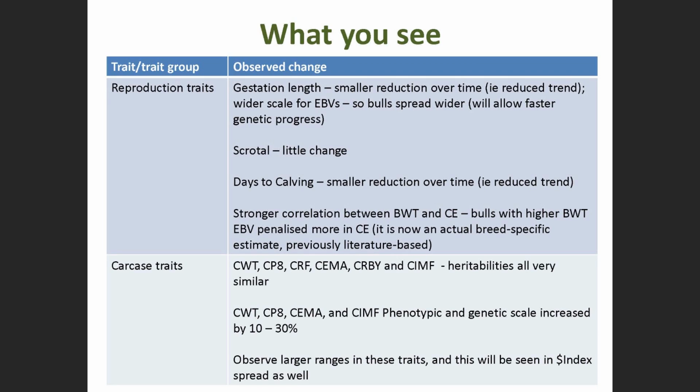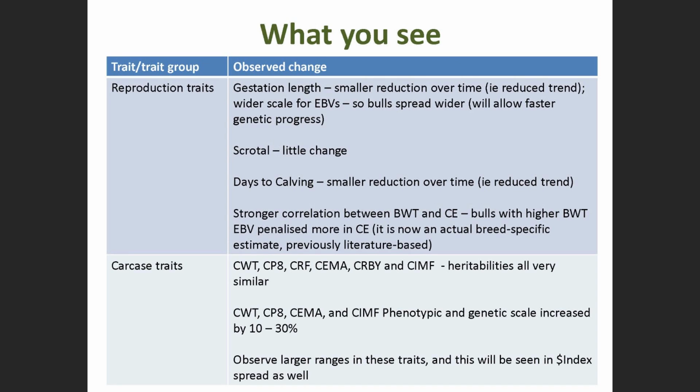Scrotal, essentially no change. Days to calving, there's a very small reduction in the genetic trend, but not really very much. But this gets back to, I think it was your question, Lucinda, correlations between gestation length, birth weight and calving ease are important, and the simple effect of that is that bulls with higher birth weight EBVs are now penalised more in calving ease, and that's actually based on real Angus data.